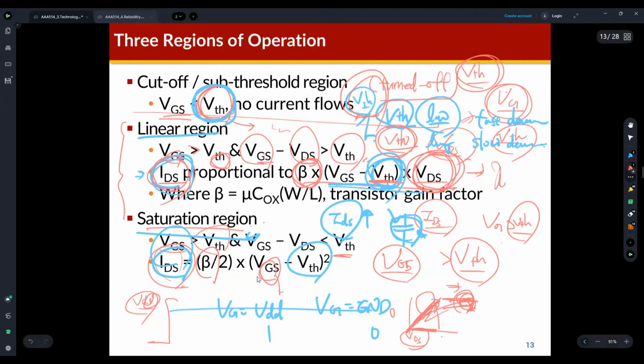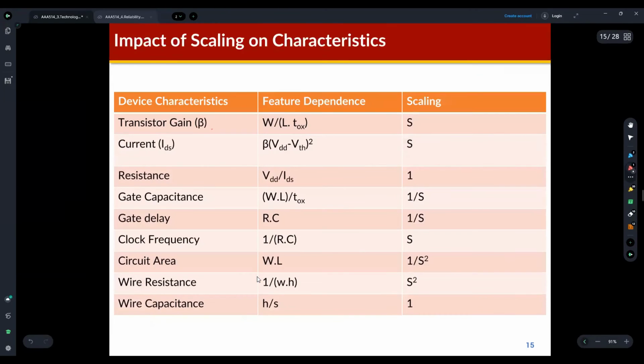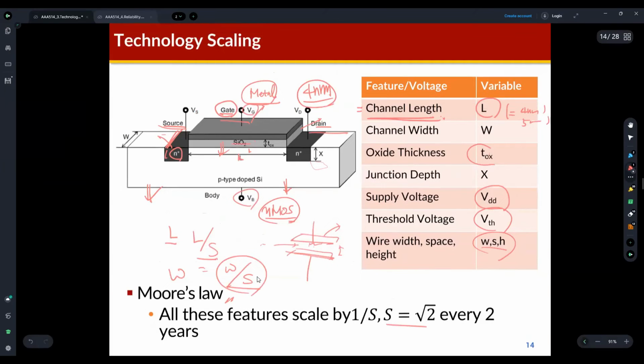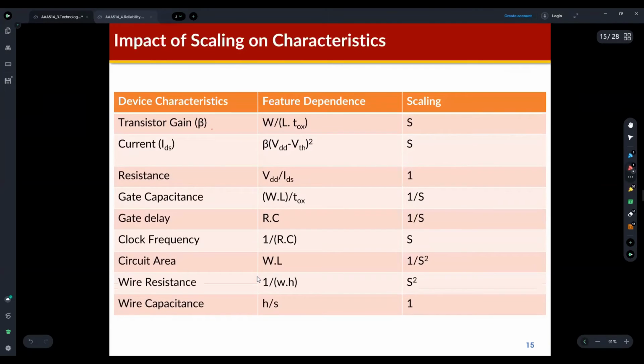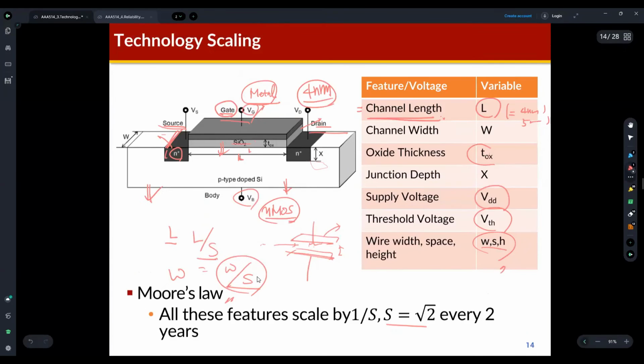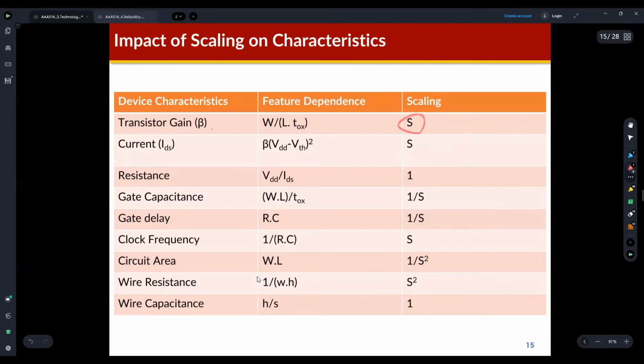It is influenced by these parameters. If we apply the scaling factor, these parameters become 1 over S, so beta becomes S.